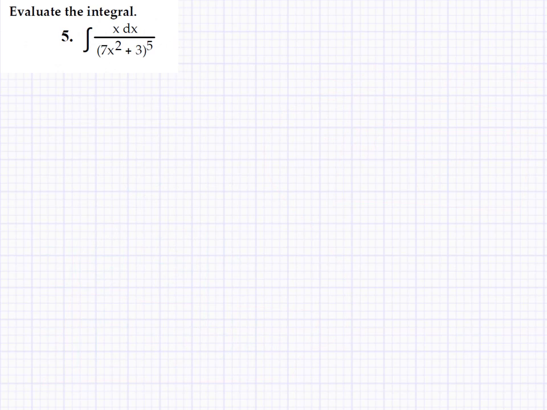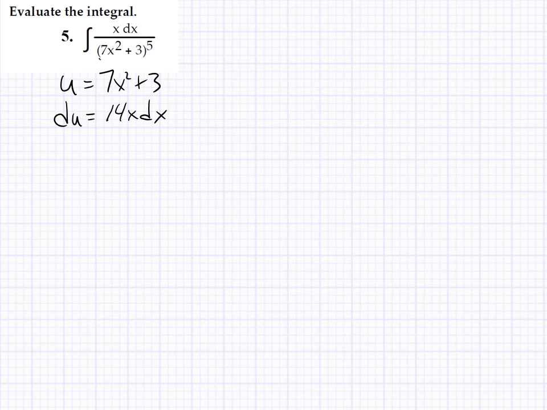All right, here's one we're going to have to do more by substitution than anything. We can't really rewrite the function in any other way that's going to be helpful for us, but we can do some substitution, in which case I'm going to say that u equals 7x squared plus 3. The derivative of that would be 14x dx.